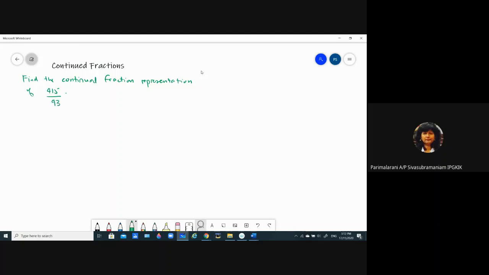How do we find the continued fraction representation of 415 over 93? We know that 415 over 93 is also equivalent to, if we divide 415 by 93, what do we get?